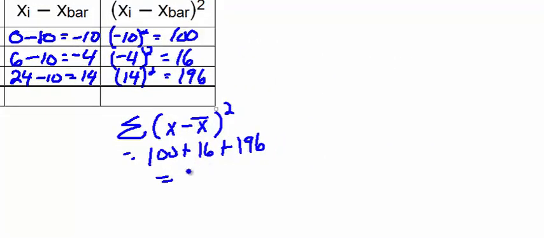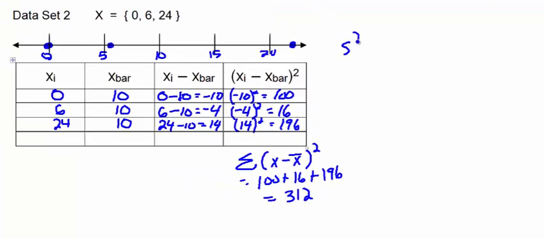That sum is 312. And if you recall, if we wanted to compute the variance, which is denoted s squared, we take that sum, 312, and divide it by n minus 1. In this case, that would be 3 minus 1, which is 2. We end up with 156. So our sample variance is 156.